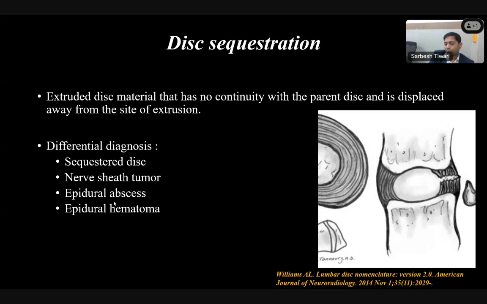In this case, diffusion will help, showing restricted diffusion. And even an epidural hematoma, particularly in patients on dual antiplatelet therapy who come with swelling; most likely it is not in the neural foramina area, it is just behind the vertebral body where you can find an epidural hematoma. So these four differentials you should remember when you have a lesion in this particular space.